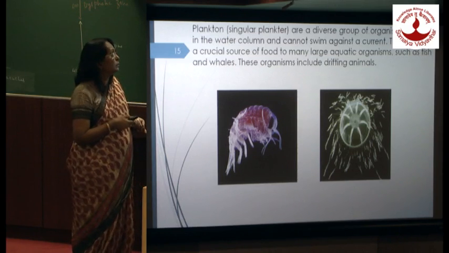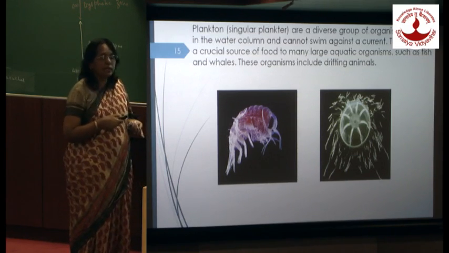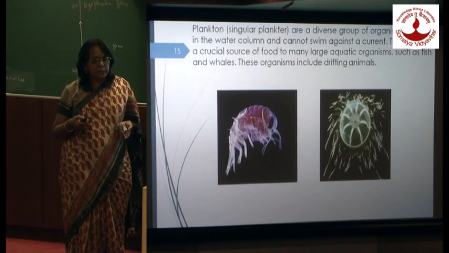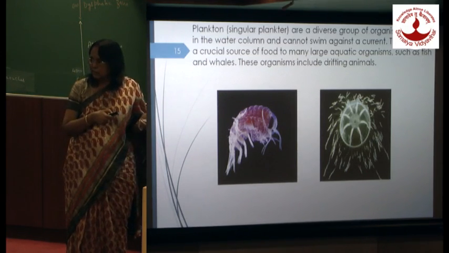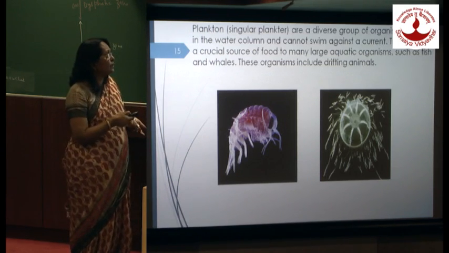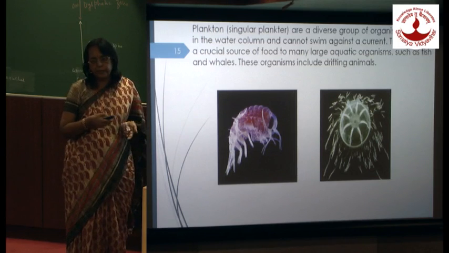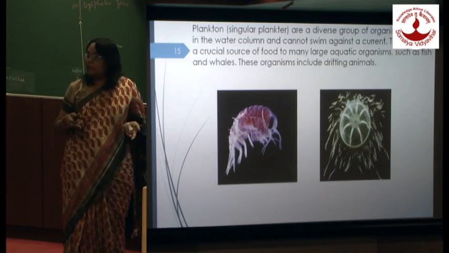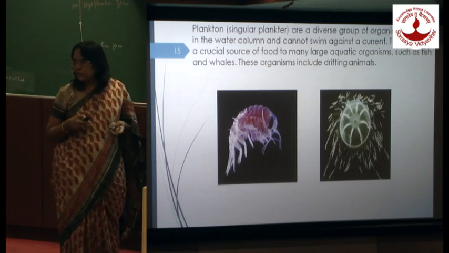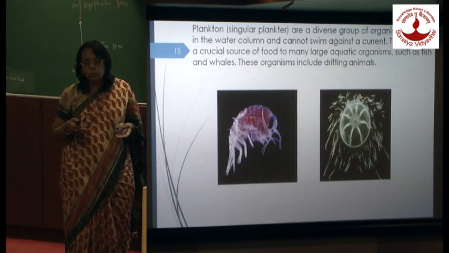Now many of these zooplanktons are microscopic, but then there are animals coming under this category of zooplankton, but they are big, huge. Like for example, jellyfish. They run in few meters, but then they come under plankton. Why? Because they do not have locomotory power.